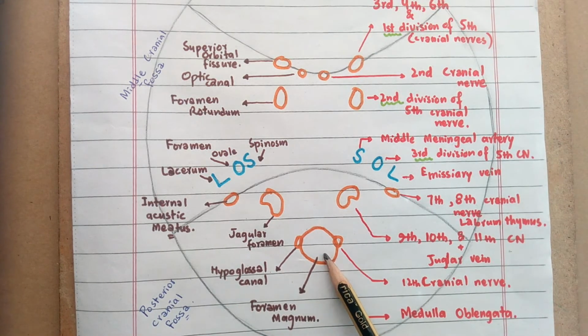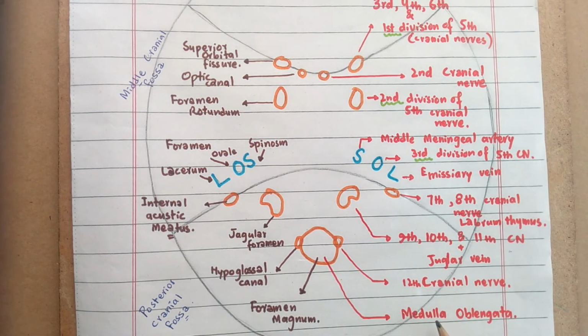From the foramen magnum, the medulla oblongata passes out with the lower border of the spinal cord. The 12th cranial nerve passes out from the hypoglossal canal, which is present near the periphery of the foramen magnum.